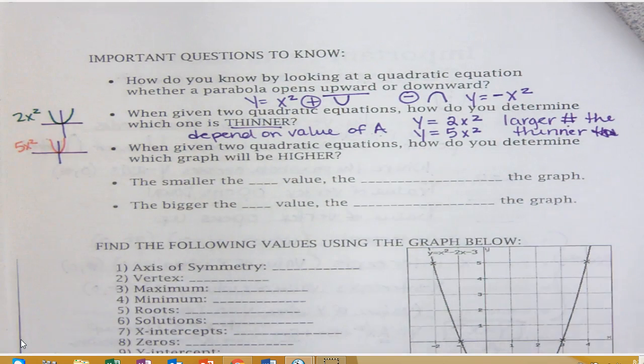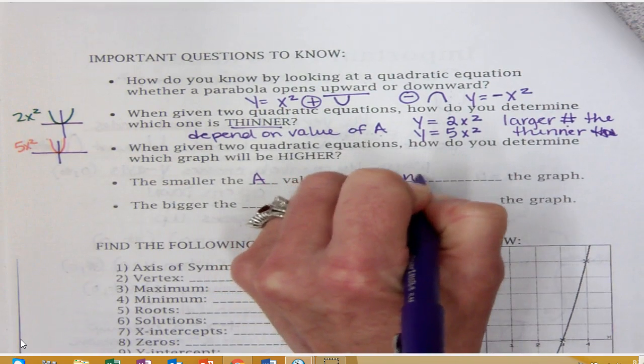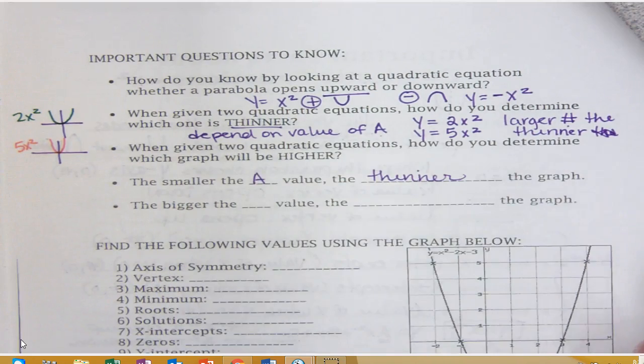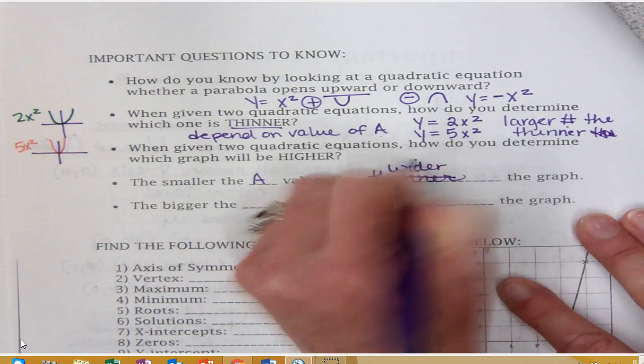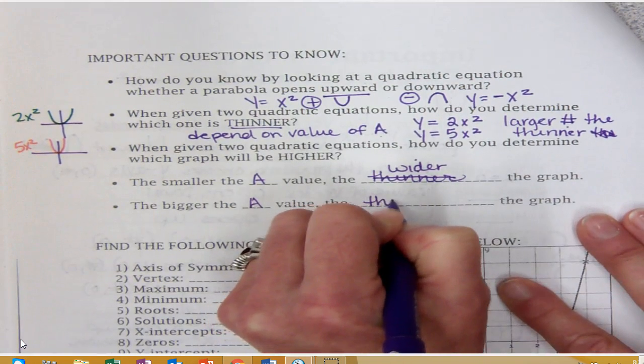You see how that is thinner? Okay, so the smaller the a value, the thinner. I'm sorry, the wider. I messed that up. The wider. The larger the a value, the thinner.